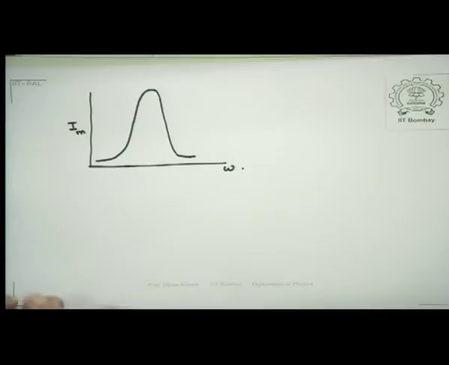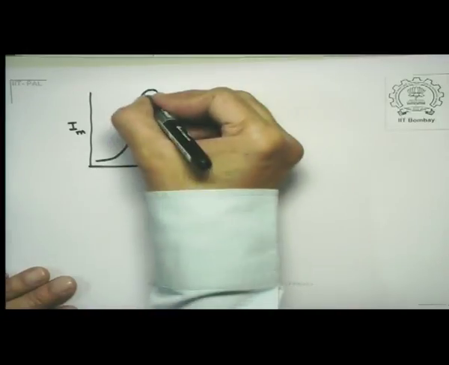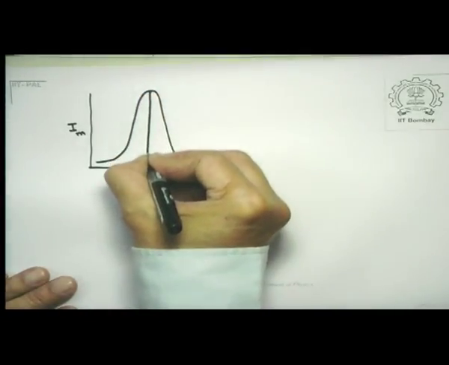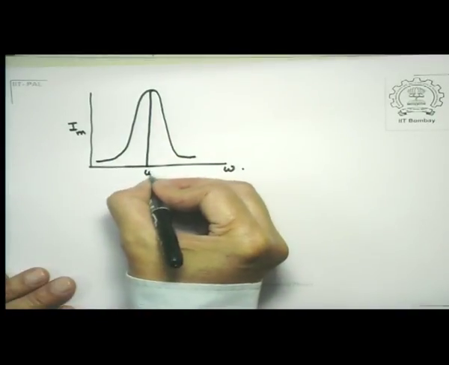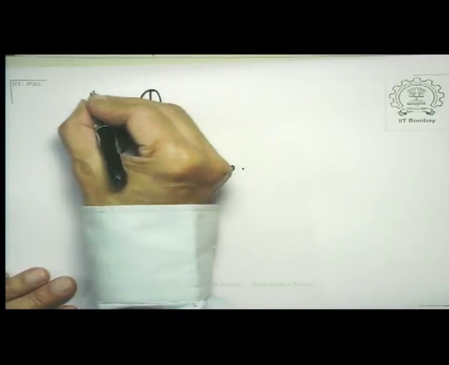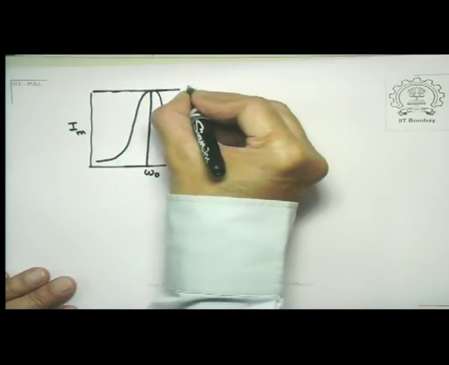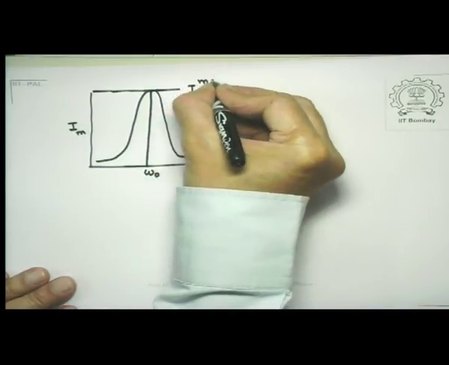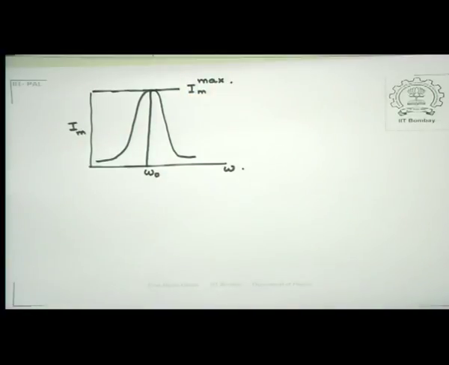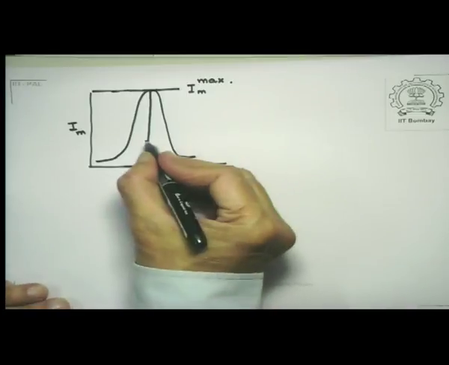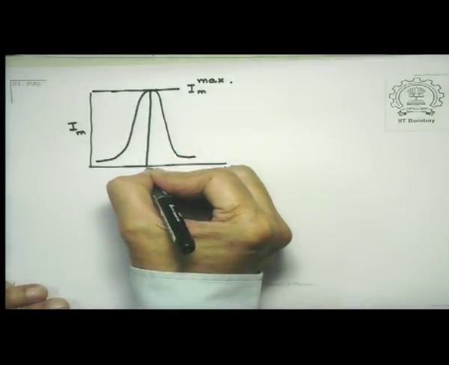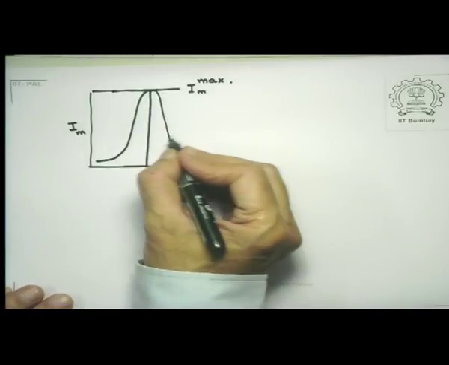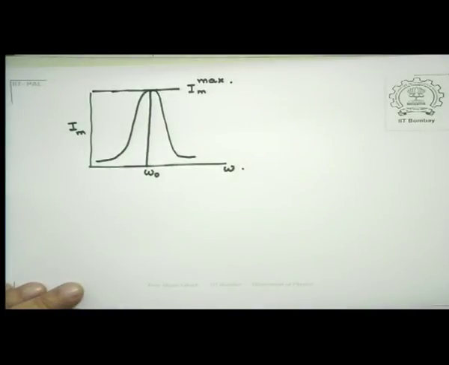So this is where my current is maximum. Let me say this is equal to omega 0, and this value I write as Im maximum. Now what we do is we increase the frequency starting from omega 0 or decrease the frequency on either side, and find where the average power absorbed is half the maximum value.